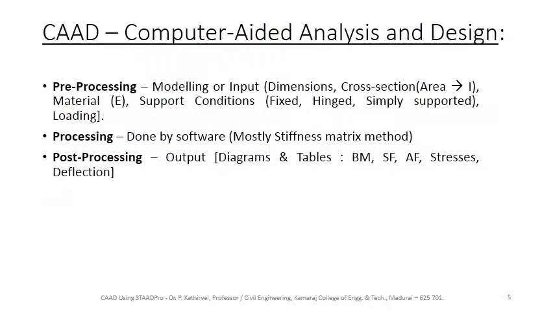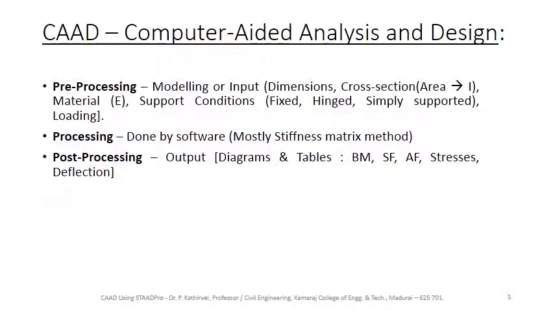CAAD stands for Computer Aided Analysis and Design. The 3 stages in this CAD for any software include pre-processing, processing, and post-processing. The pre-processing stage includes the modeling or input, in which the dimension, which is the length of the member, and the cross section are fed into the system.